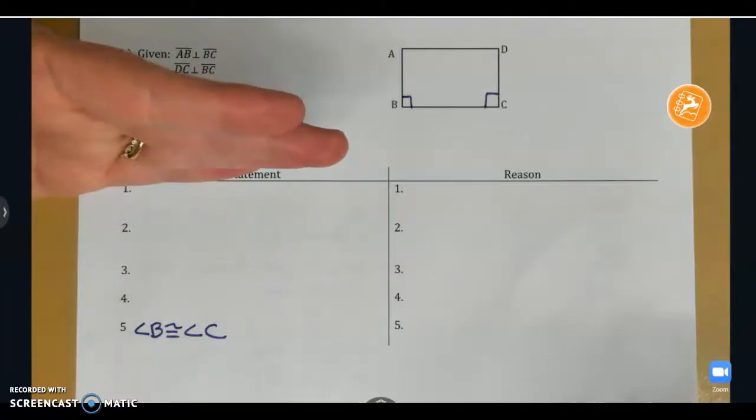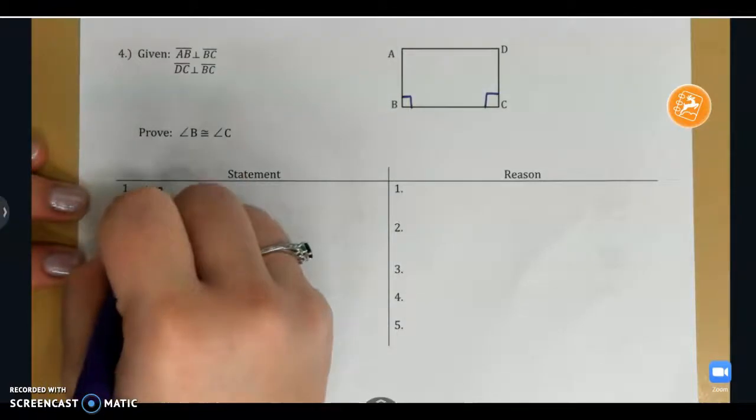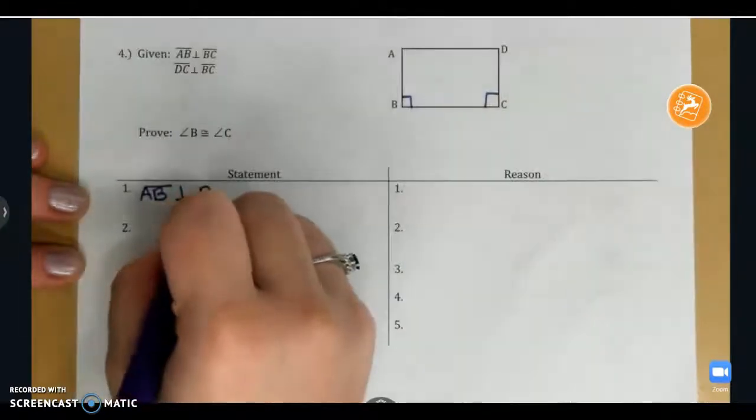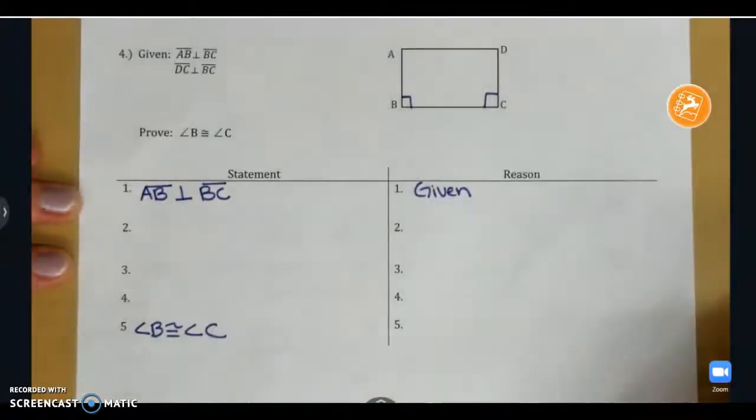And we always want to start out with what we're given. So I was given that segment AB is perpendicular to segment BC. I was given that information. Okay?